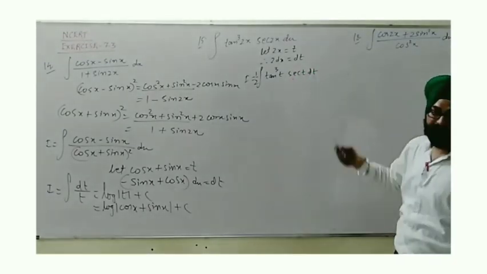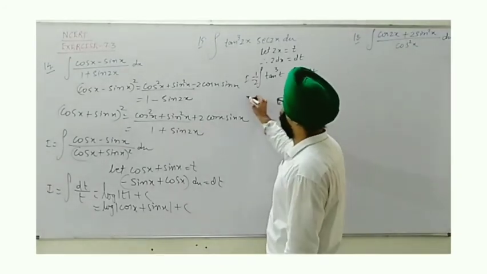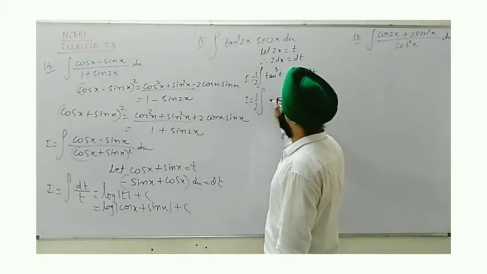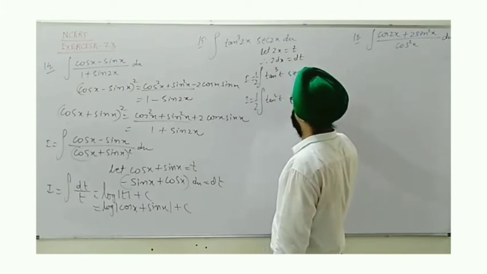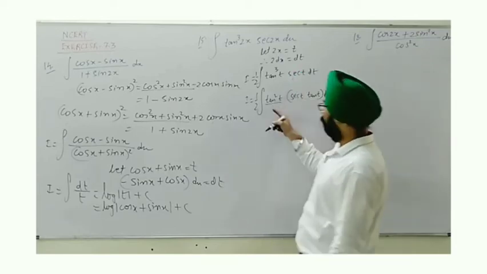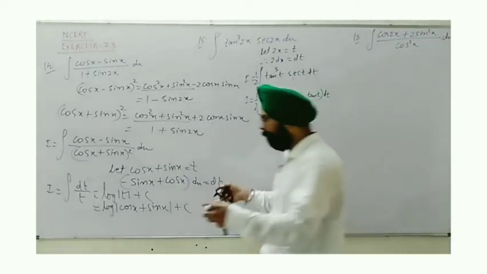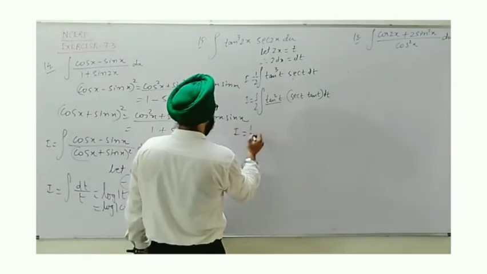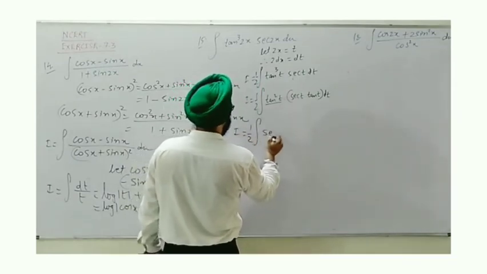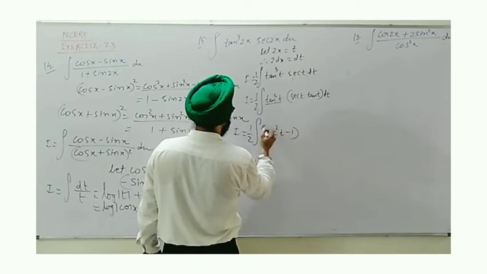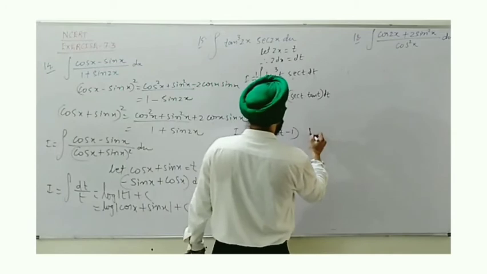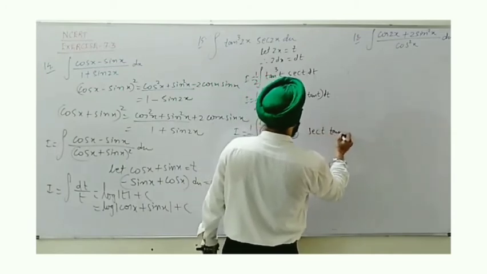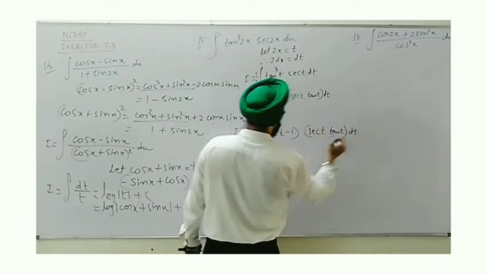Obviously, we will start with sec t, but before that we write the integration as tan square t sec t tan t dt, and we know the remaining portion must be in terms of sec. Already we have estimated these things, so this will become sec square t minus 1, and the rest of the portion sec t tan t dt.